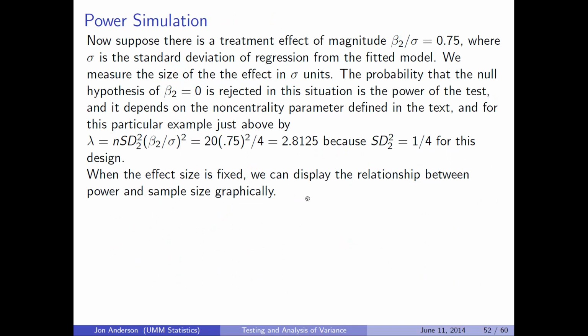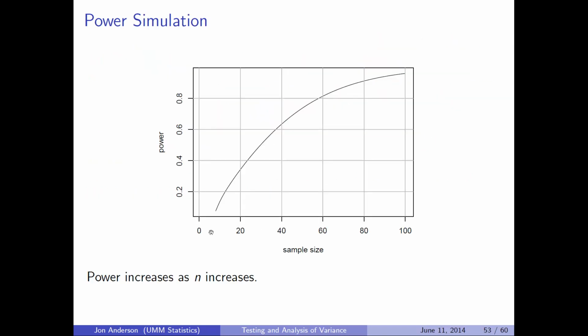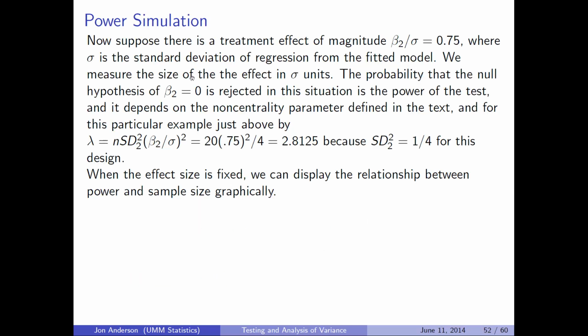So let's just take a look at a little example. We'll specify the size of the effect for beta 2 divided by the error variation sigma to be 0.75. And if this is the size of the effect that we want to determine in a hypothesis test, on the next page you'll see that as sample size goes up, the power, or the probability that you will correctly reject the null hypothesis that beta 2 parameter is 0.